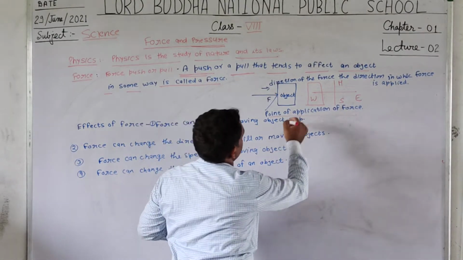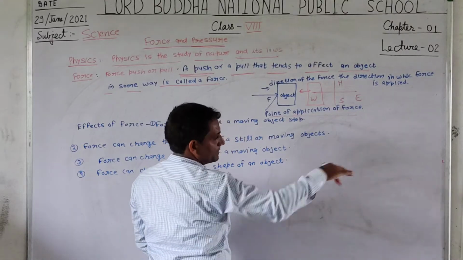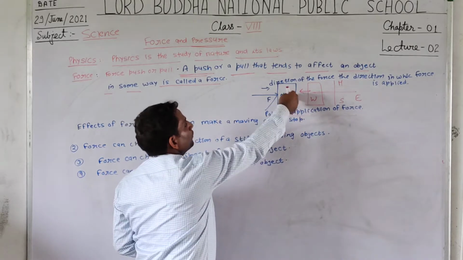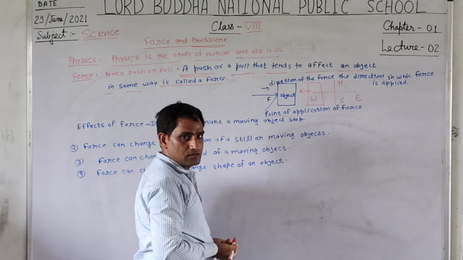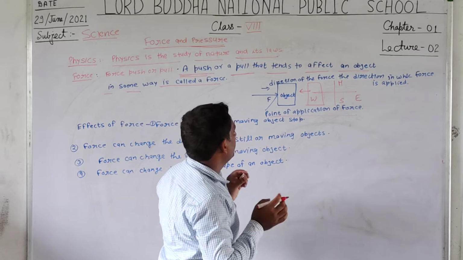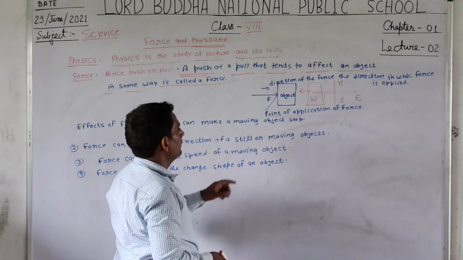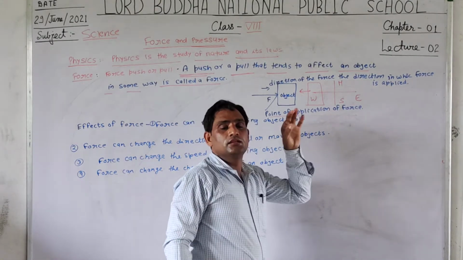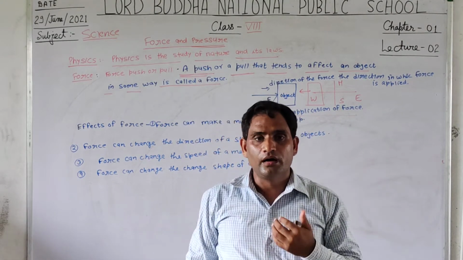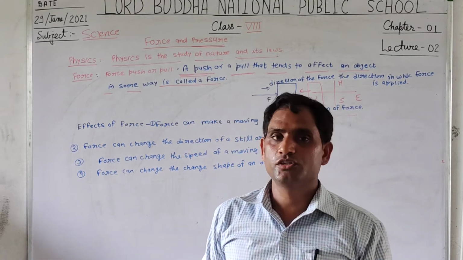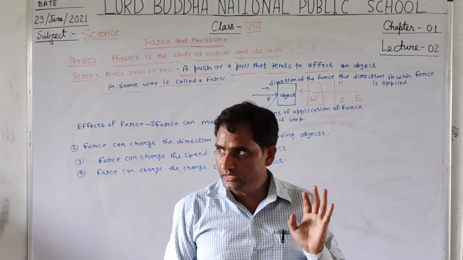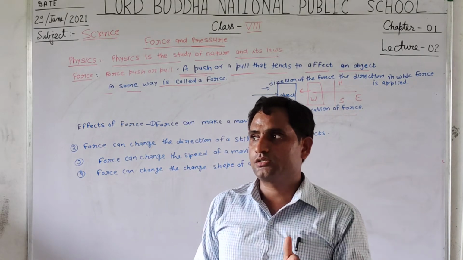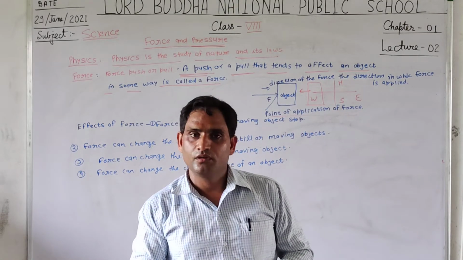If we apply the force towards us, then the object will come closer. Here there are two terms. The point of application of force means the point on the object at which force is applied. The direction of force is the direction in which the force is applied. Clear?